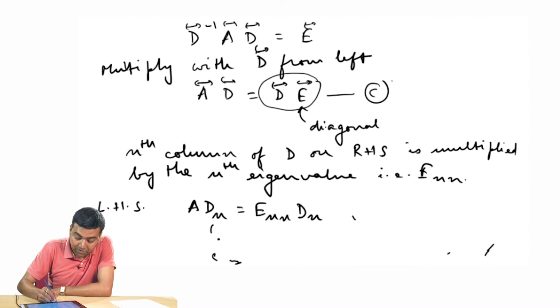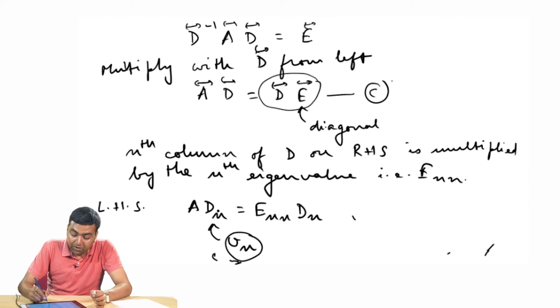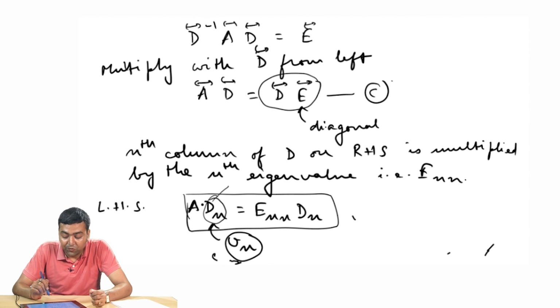In other words, this means that the nth column of D is the nth eigenvector V n. The point I am trying to make is that each column of my matrix D corresponds to one eigenvector of the matrix A.